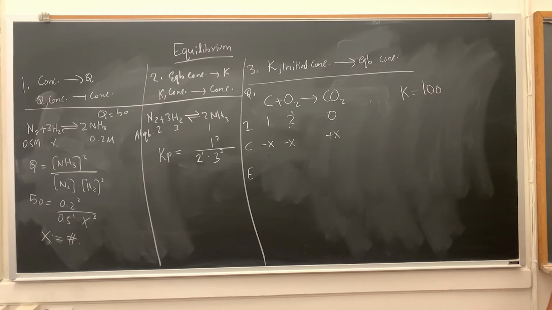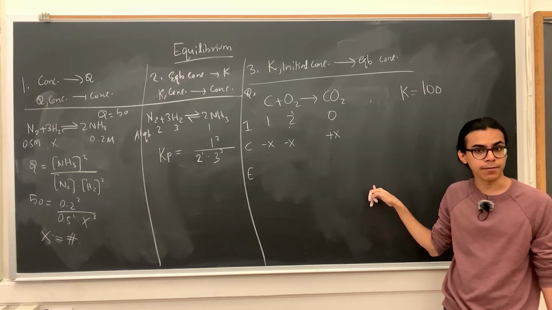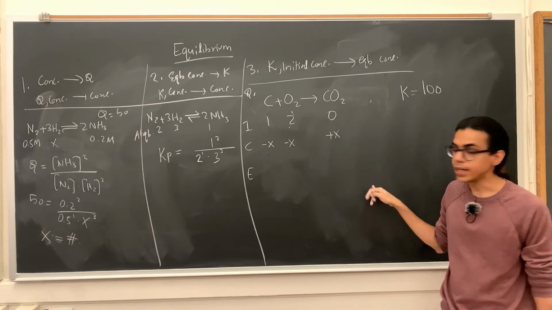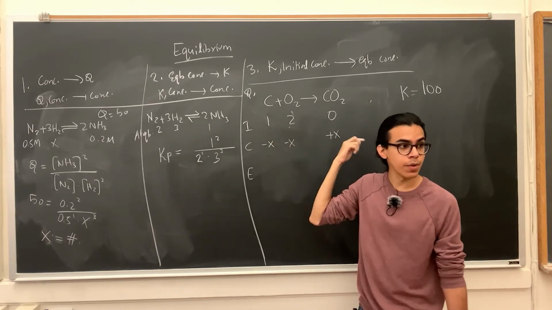So far, so good? So take this home. For ICE tables, reactants always get negatives, products always get positives. Even if the equilibrium is in the backwards direction, that's no problem, because when you solve for X, X can have both positive and negative values. The reason why I'm putting negatives and positives here is because I'm assuming the reaction is going in the forward direction.